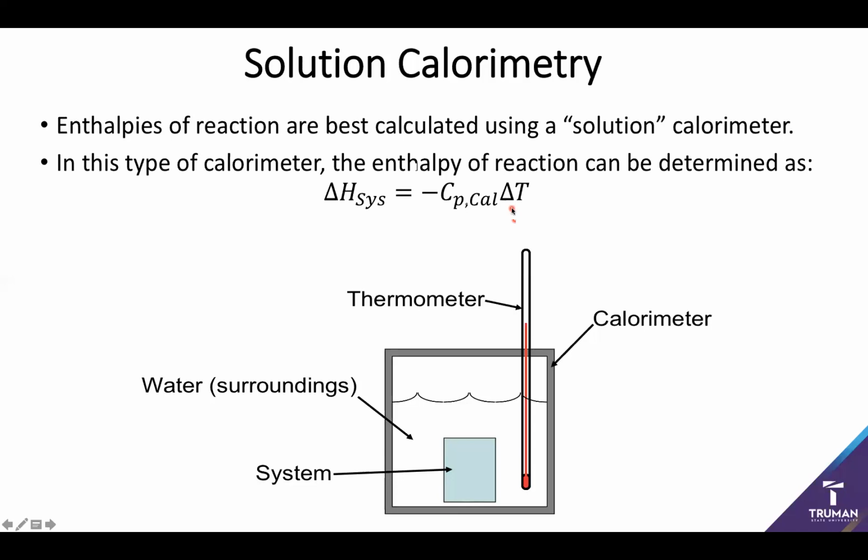So one of the things you should make note of is that the heat capacity of my calorimeter usually first includes the heat capacity of my water, but it may also include, say, how much energy it takes to warm the calorimeter around it, or any sort of non-ideality in the adiabaticity of the calorimeter itself. So there's a lot of extra factors that can go into the heat capacity of the calorimeter.